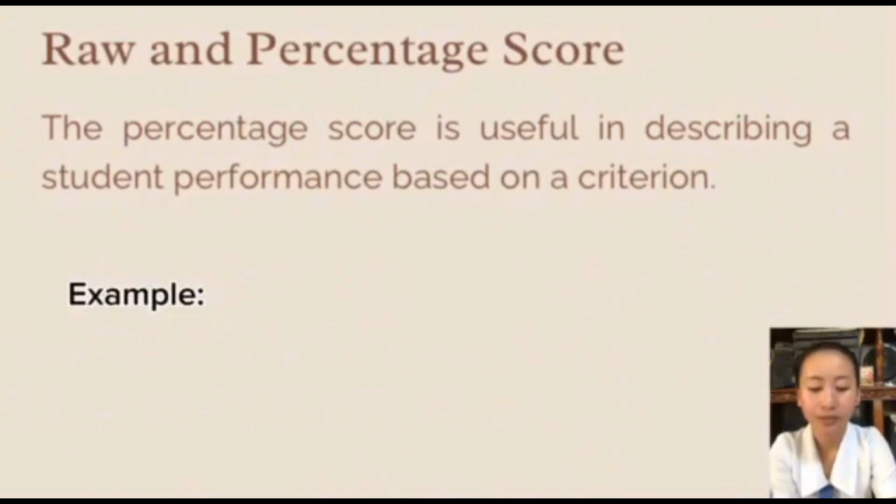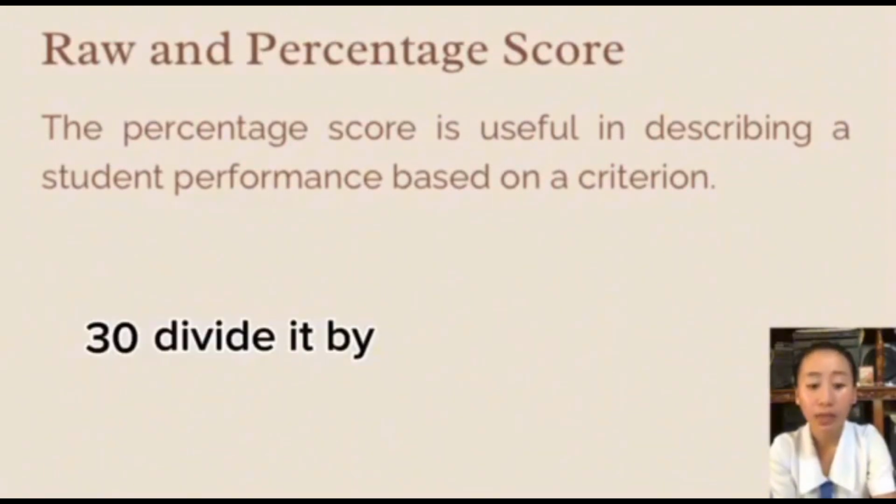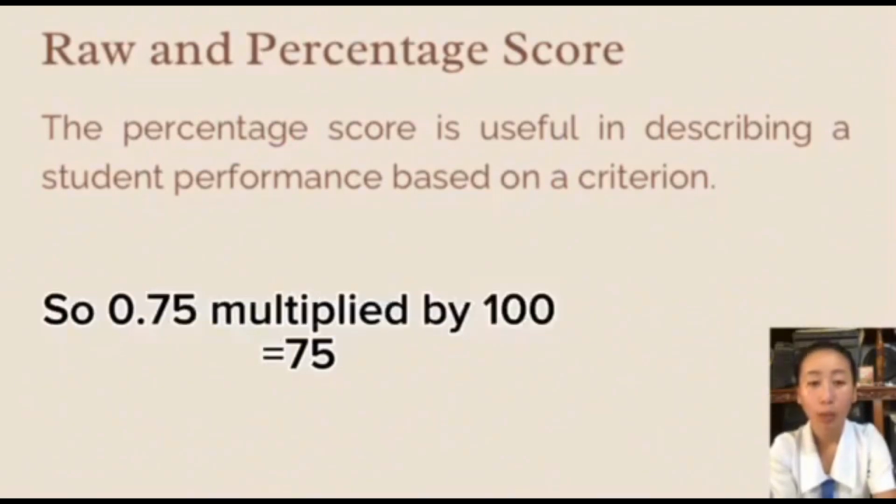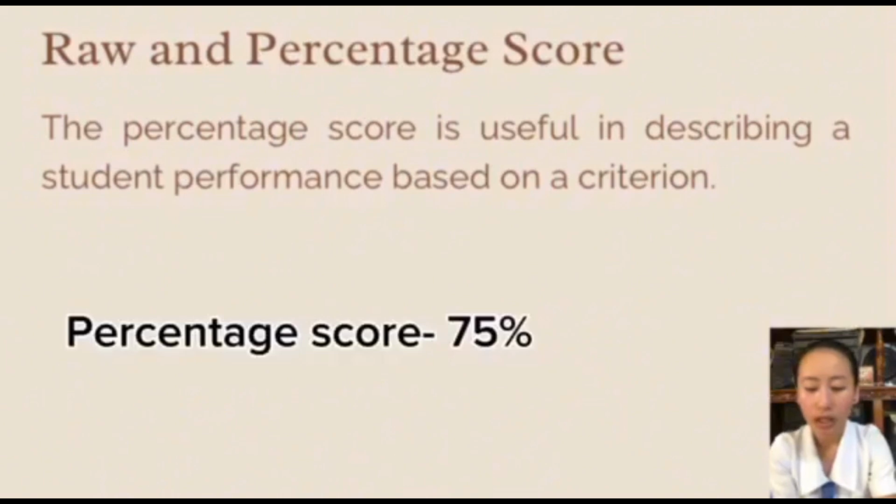For example, 30 over 40. Our raw score is 30, and let's divide it by the total number of items, which is 40, and the answer will be 0.75. So 0.75 multiplied by 100, and now we get the percentage score, which is 75%.